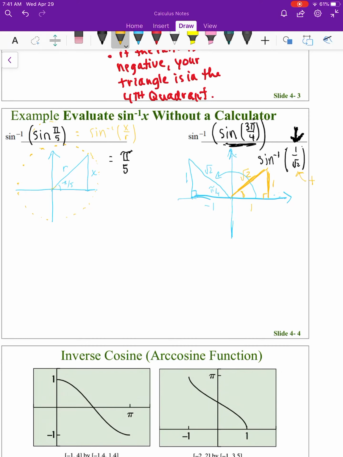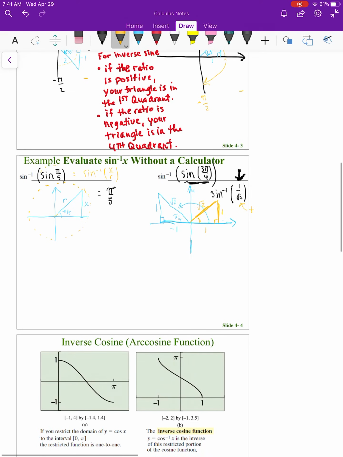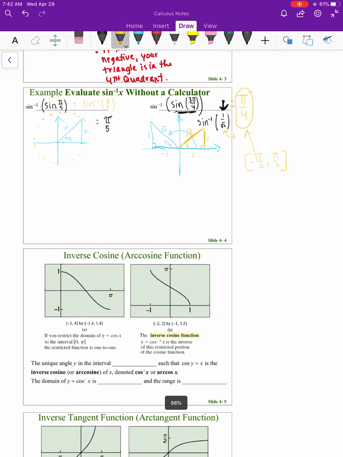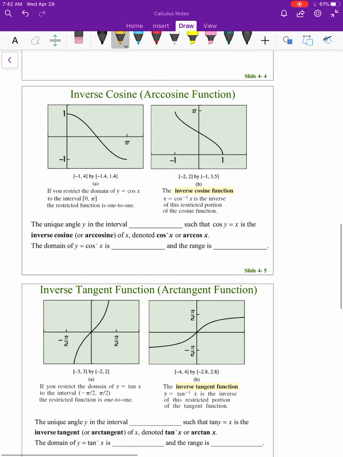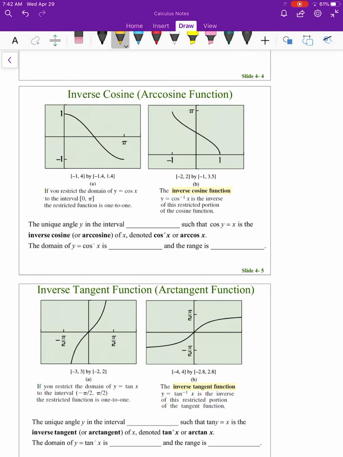And so my answer is going to be positive pi over 4. So your answer always is going to be either in the first quadrant or the fourth quadrant. This answer has to be in the interval negative pi over 2 to positive pi over 2, because that is the range of your sine function.